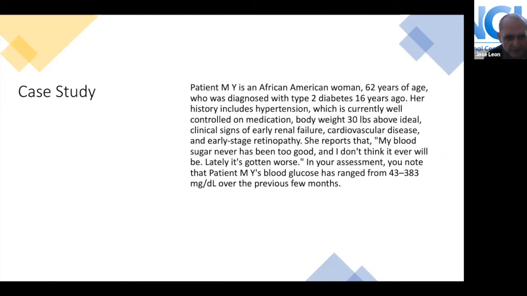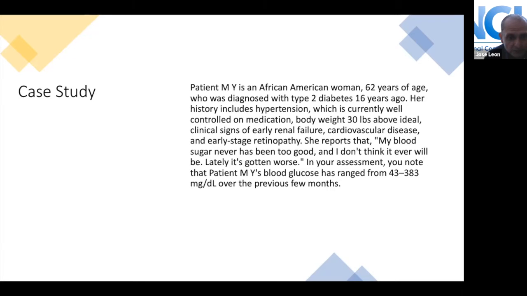Her history includes hypertension, which is currently well controlled on medication. The patient's body weight is 30 pounds above the ideal. Clinical signs of early renal failure, cardiovascular disease, and early stage retinopathy. She reports that her blood sugar never has been too good, and she doesn't think it ever will be.